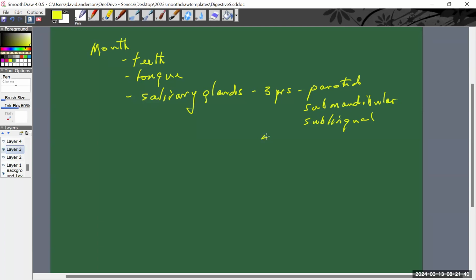Now there's a 4th pair that's a bit controversial. So it's controversial for 2 reasons. One reason is that it had been ignored or missed historically by anatomists and physiologists for decades. So just in the last decade or so, a group of scientists discovered what they considered to be the 4th pair of salivary glands, and they're associated with the auditory canal.